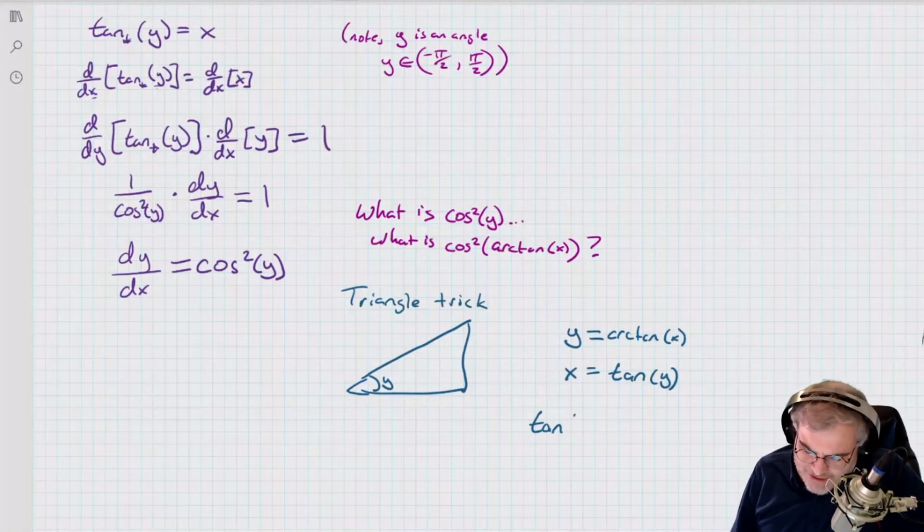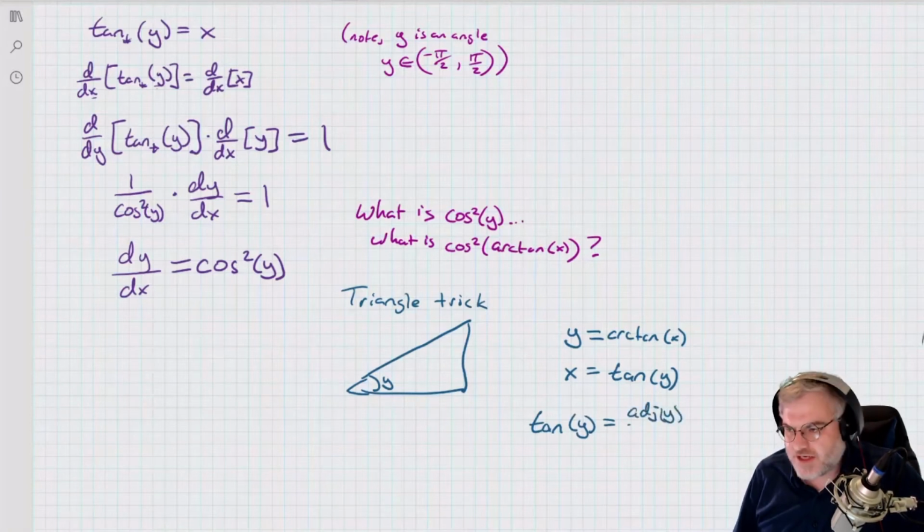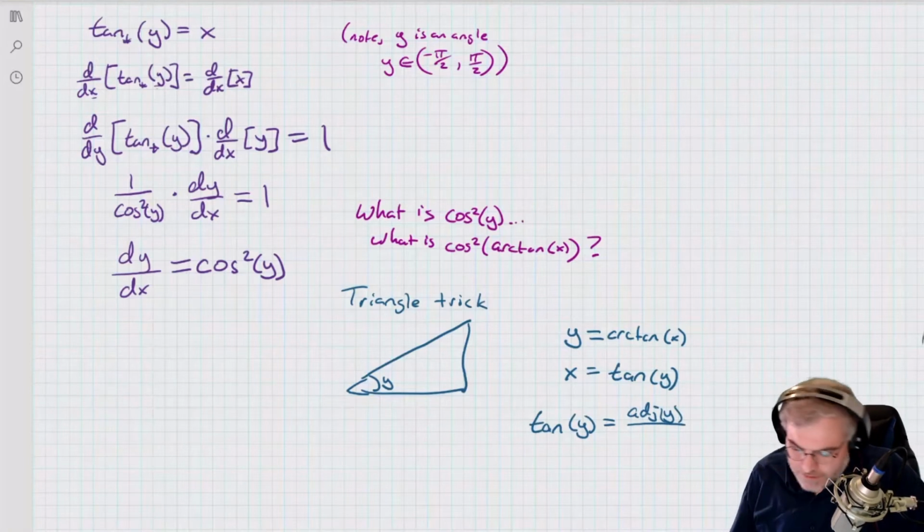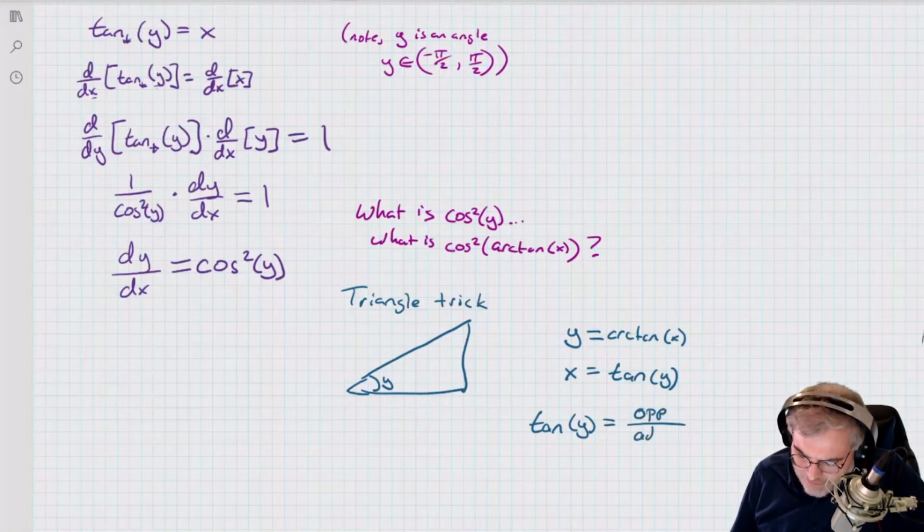Okay? So the tangent of y is the opposite over the adjacent of our nice little triangle.